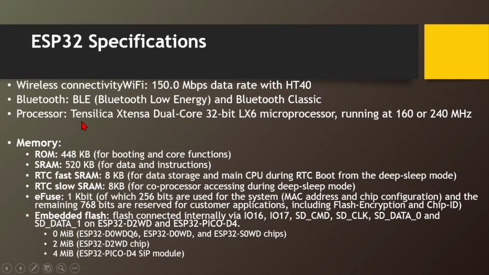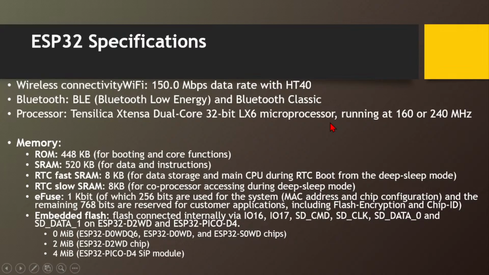Then wireless connectivity. Here it can have up to 150 Mbps of data rate, and Bluetooth works on BLE technology, that is called Bluetooth Low Energy technology. Then this is the processor used. It is a 32-bit processor, clocked at 240 megahertz or 160 megahertz frequency.